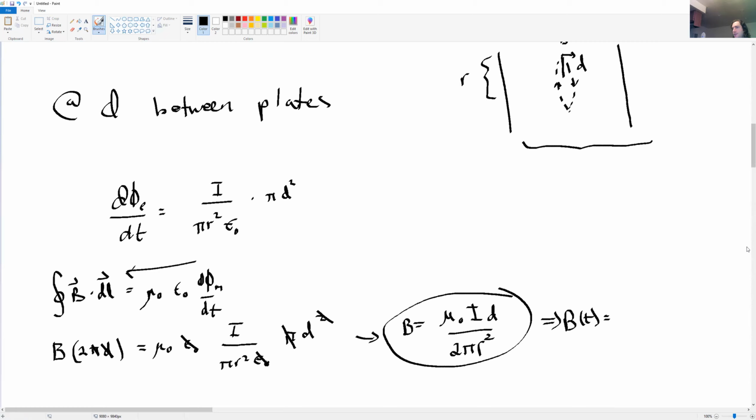So B of t is mu 0 I 0 e to the minus t over RC, multiplied by d, and then divided by 2 pi r squared. And this thing is a function of d and t, so I should have put B of d comma t.